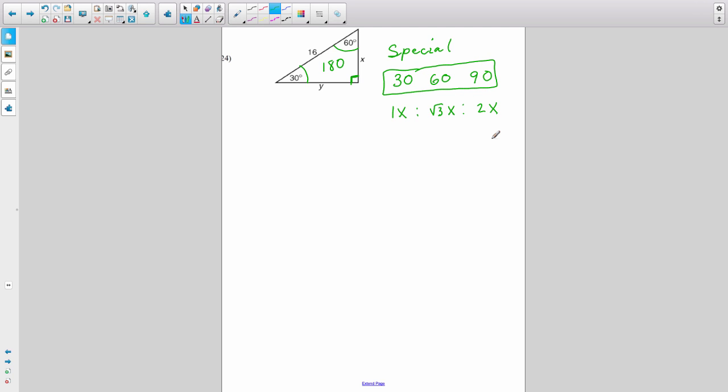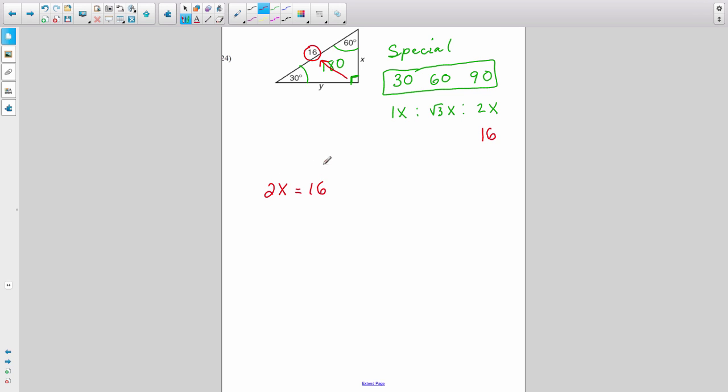Now we fill in, what did they give us? They always give us one side, because we're not miracle workers, we need something. And here it is, 16. So where is that? That's across from the 90, which means it's the largest side. So I'm going to go over to my 90, drop down here, and say, okay, you are 16. Now let's see how big that makes x.